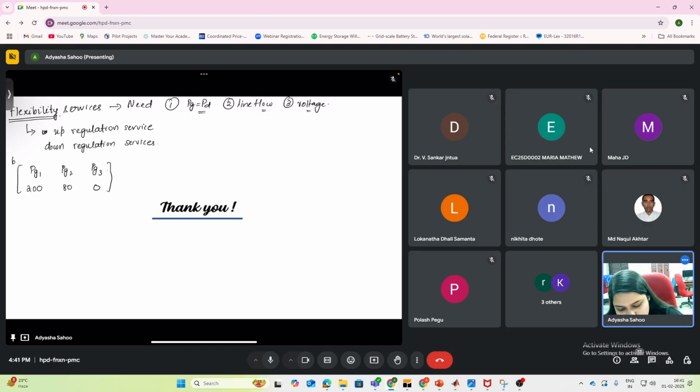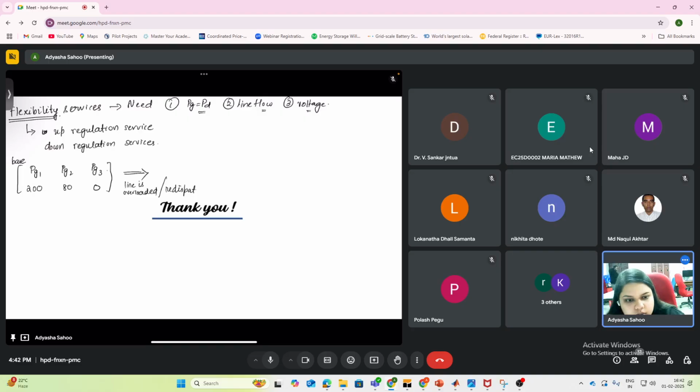So this is your base case. After some time with this schedule, let's say a line is getting overloaded. So you need to redispatch these generators.